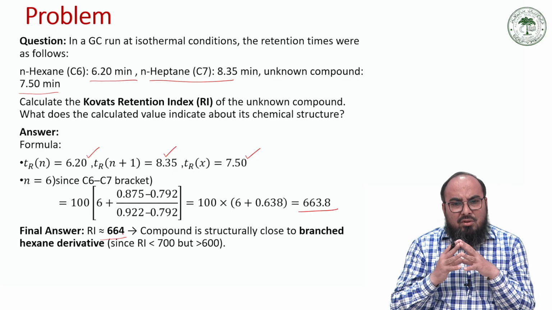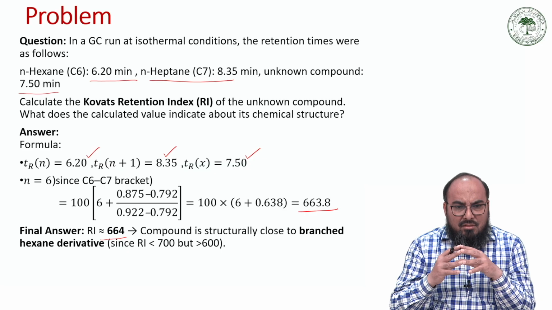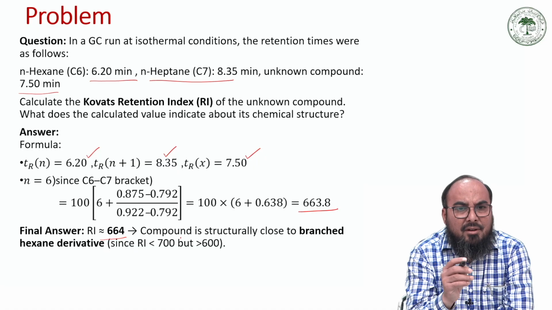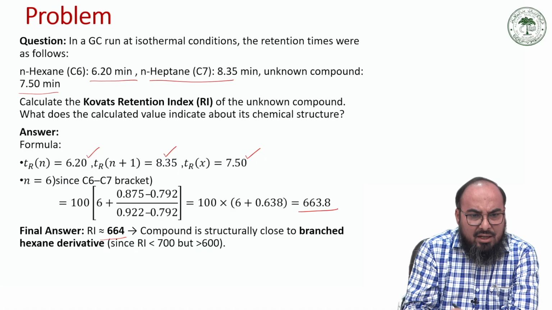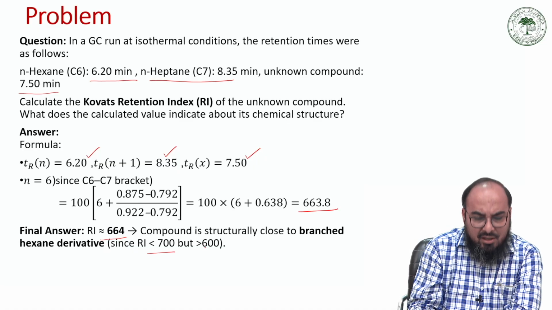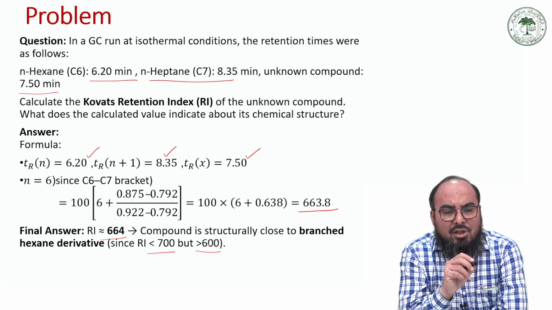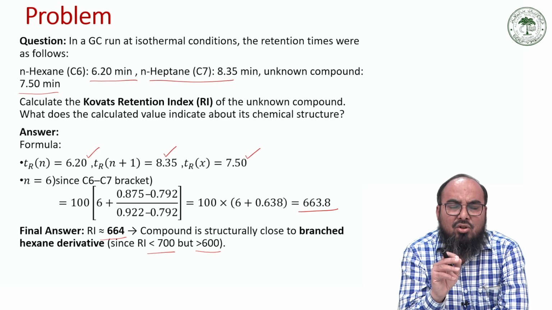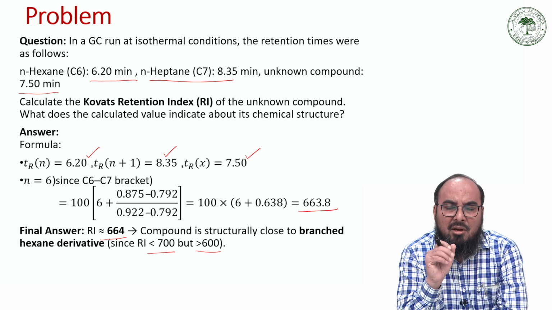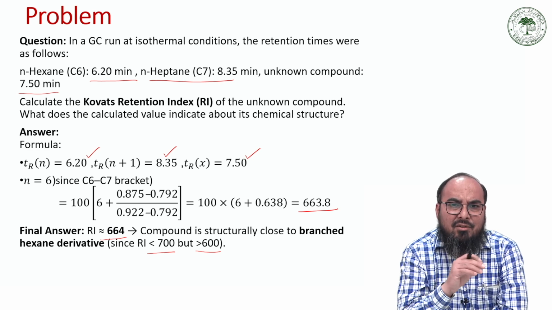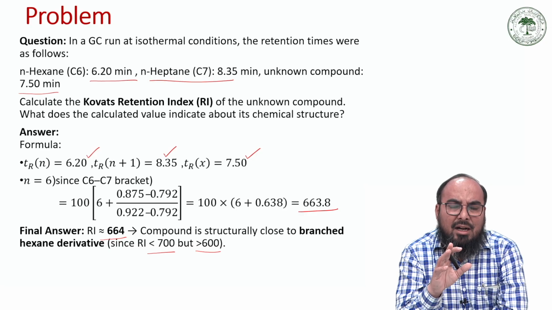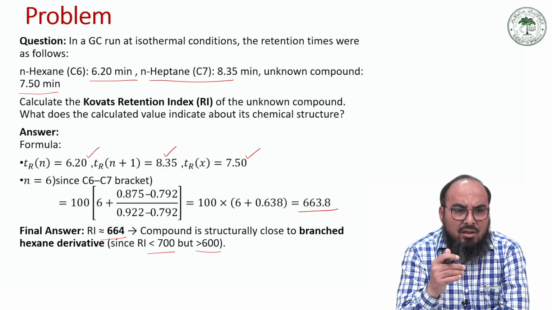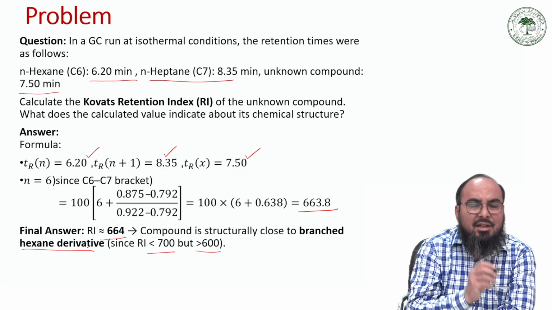So this value is less than 700 but greater than 600. Since it is greater than 600, there must be at least 6 carbon atoms. But since at the same time it is less than 700, the carbon atoms must not be 7. So when you resolve it, you will find that it is a branched hexane derivative.